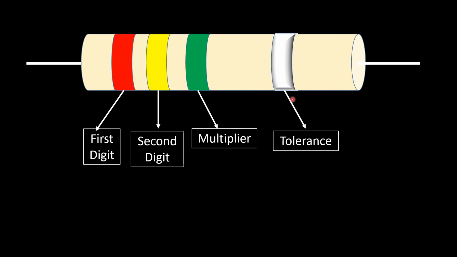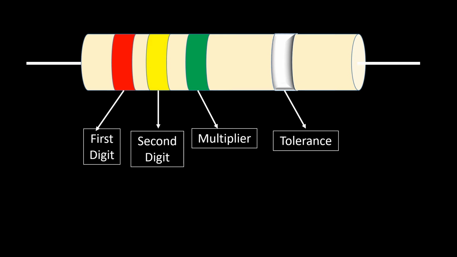If the fourth band is gold, the value may vary by 5%, so a 100 ohm resistance may have any value between 95 and 105. If the last band is silver, the possible variation is 10%, so a 100 ohm resistance may have any value between 90 ohm and 110 ohm.